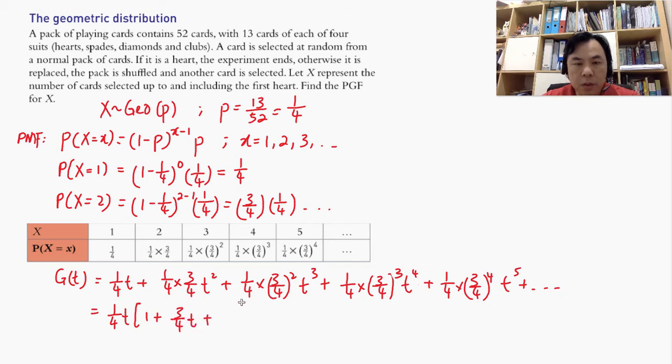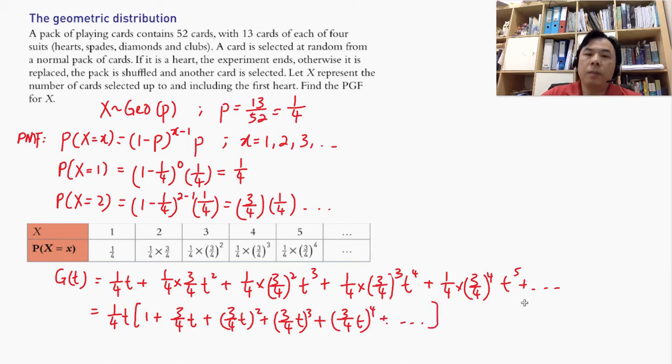We have 1/4 t, and then after that we'll have 3/4 t, 3/4 t squared, and then we have 3/4 t cubed, and then we have 3/4 t to the 4, and so on and so forth. All right. And then you will notice that this is yet another geometric series, so we could actually produce a simplified version of this summation series.